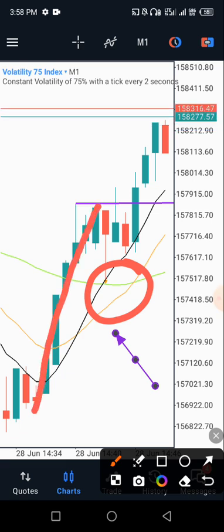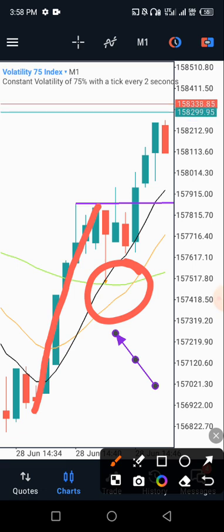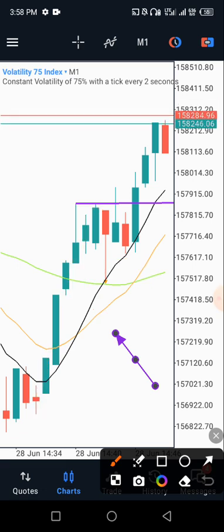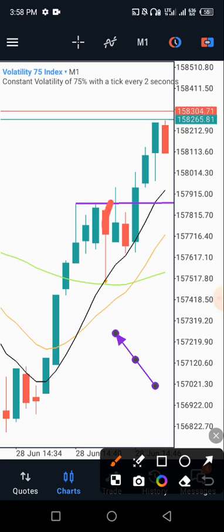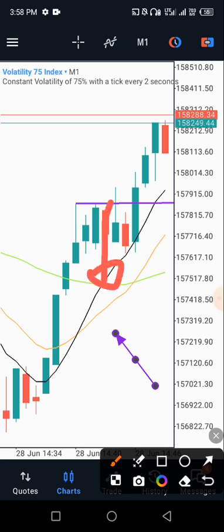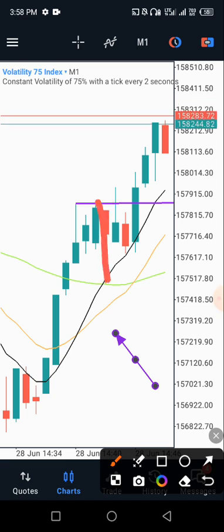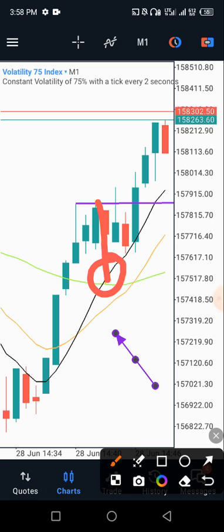When that happens, before we take a trade, we watch out and wait for the candlestick to come and touch the black moving average. Once the candlestick touches this black moving average, then we can take a scalp.